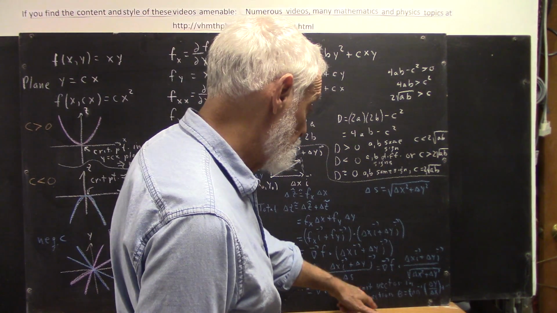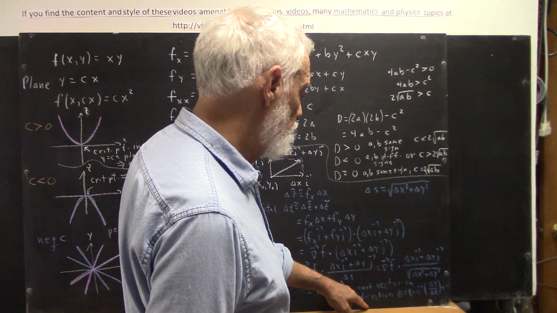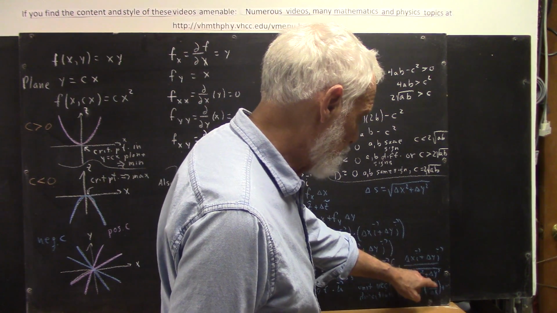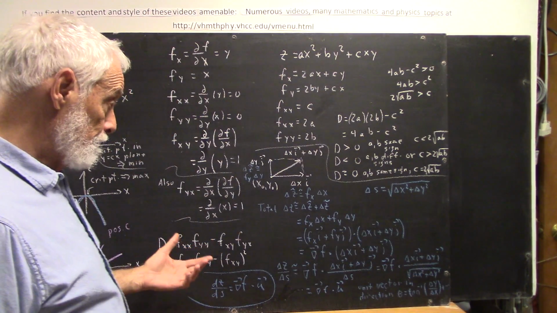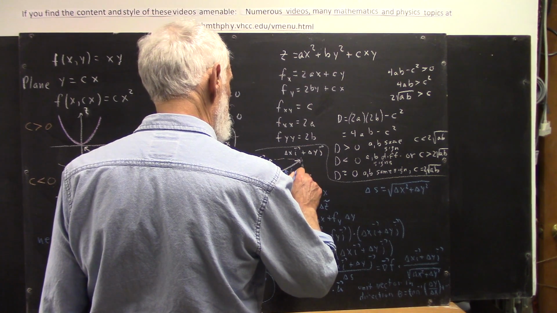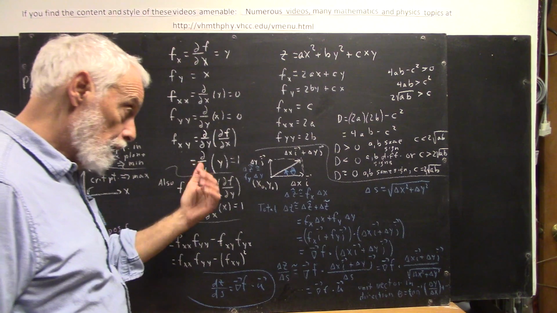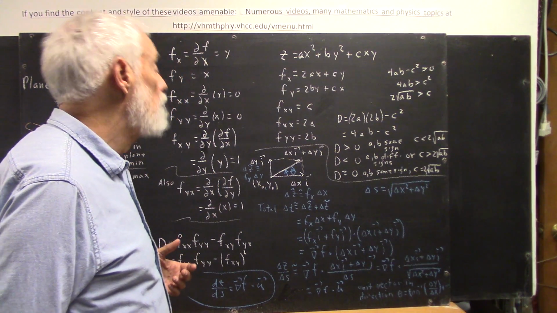Now, another way to write that unit vector is to specify the direction: it's a unit vector in the direction theta equals inverse tangent of delta y over delta x, theta being the angle measured counterclockwise from the positive x direction.